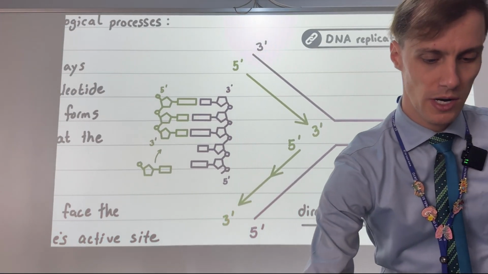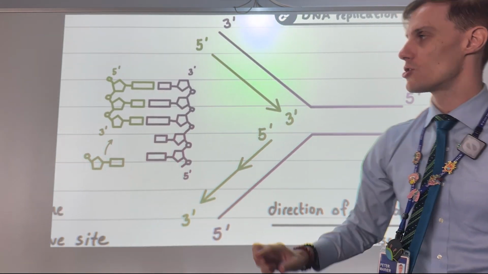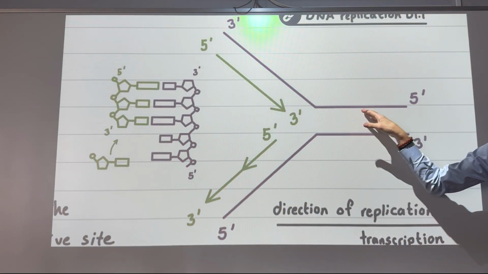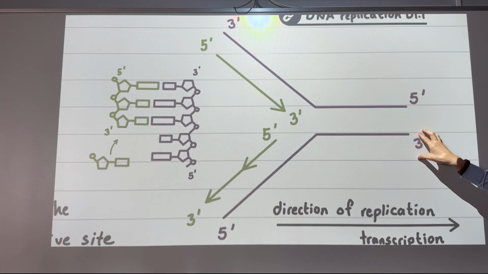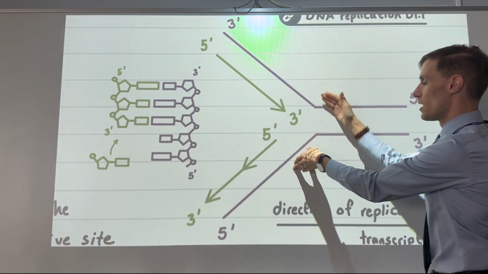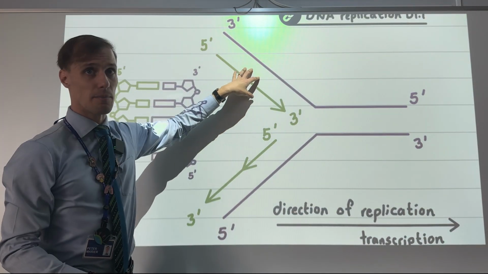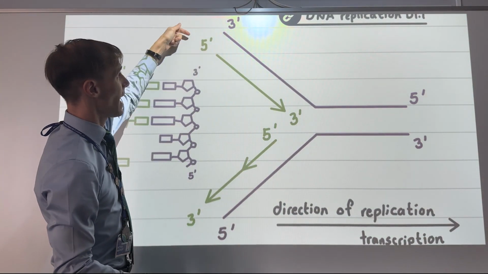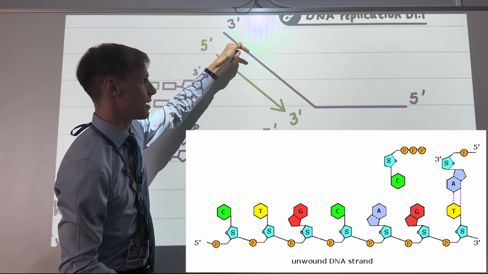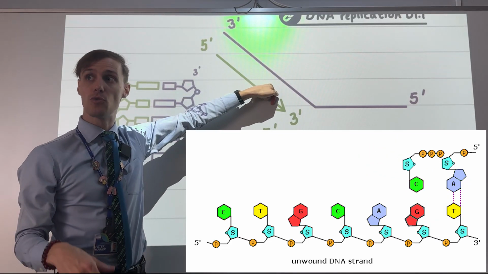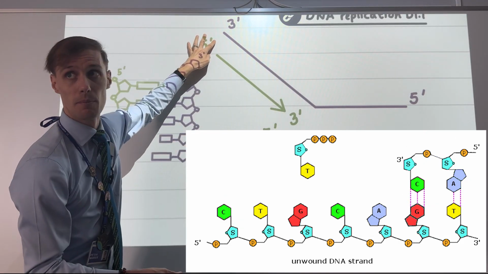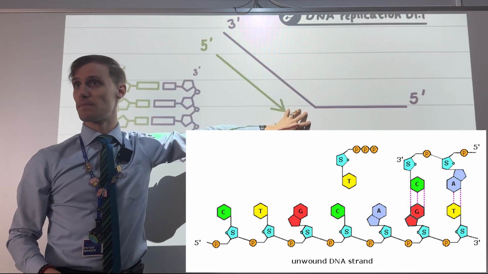I've tried to illustrate this just a little bit right now. So in purple, I have my parent DNA, the original DNA. Here's the 5' end, here's the 3' end. This thing is being split open, right? And this enzyme effectively can attach to the 3' end, 3' end, 3' end. Thus, you can describe the process as occurring 5' to 3'.